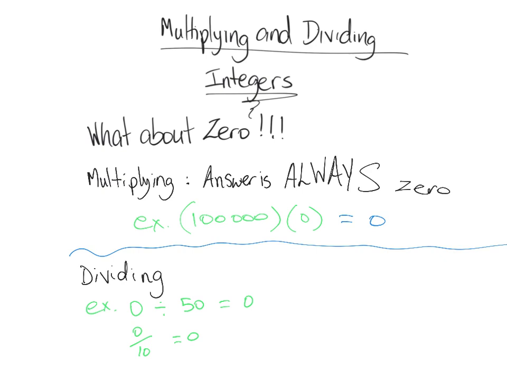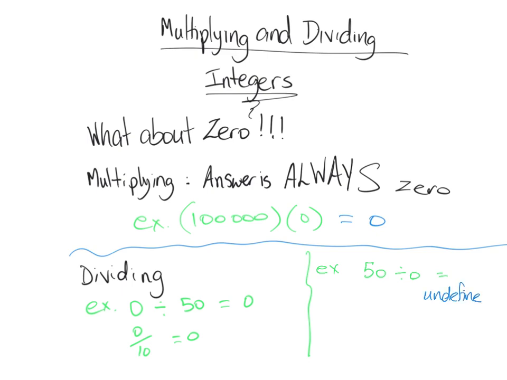But in another scenario, if we decided instead to divide by 0, so let's say 50 divided by 0, the answer is actually undefined.